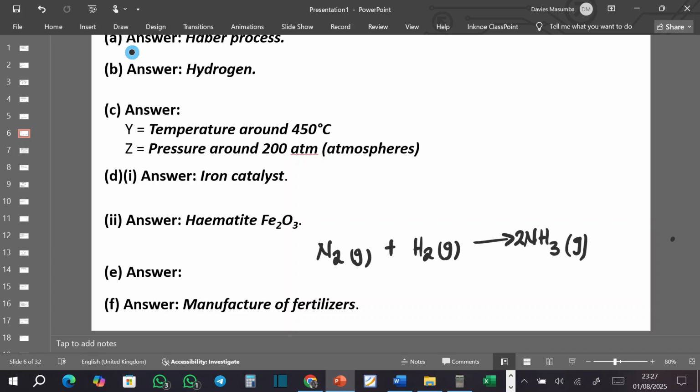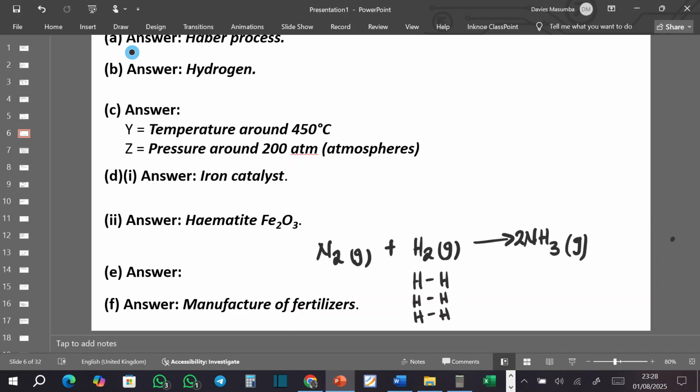Now, if you have 6 hydrogen atoms here, and you come back here, you have 2 hydrogen atoms. What can you do to make them 6? You add 4 more. Here there are 2, so they are already 2.